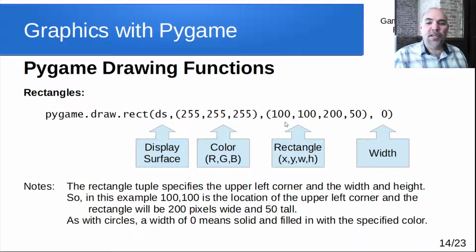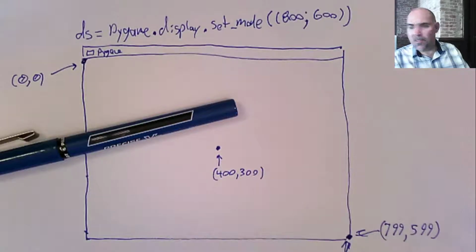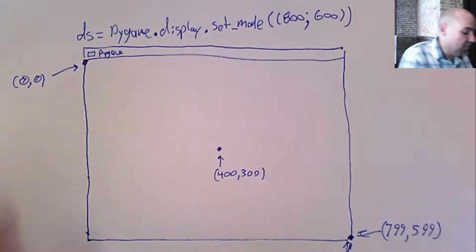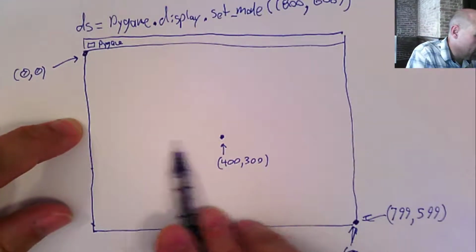So in this particular case, we're going to have the upper left corner be at 100, 100. It's going to be 200 pixels wide and 50 pixels tall. And the height goes down on the screen. So just quickly here, let me switch to this. We said that was at 100, 100. If this is 400, then we can cut that into 4, so there's half.